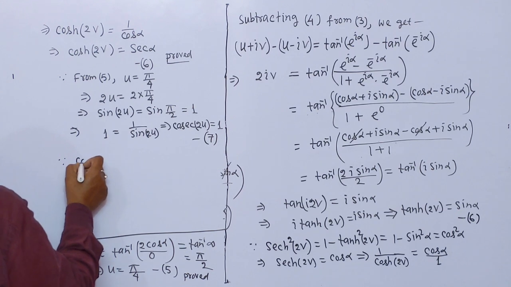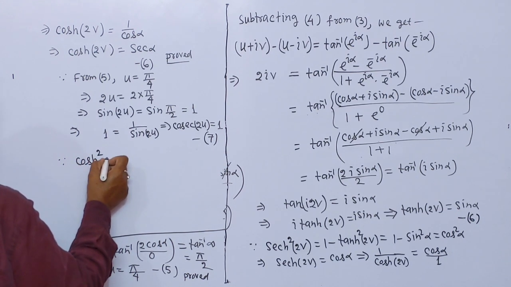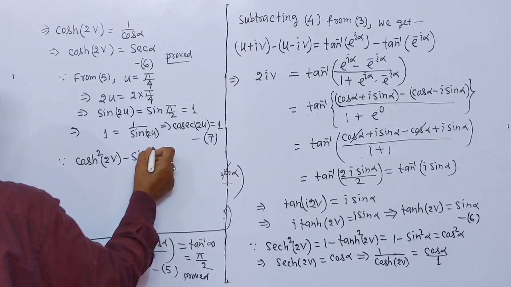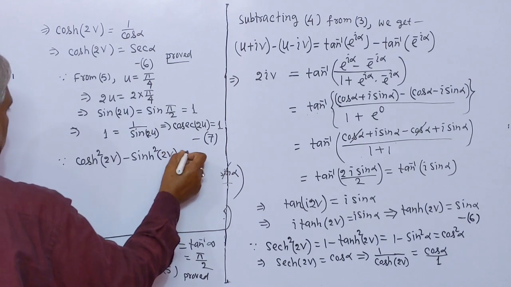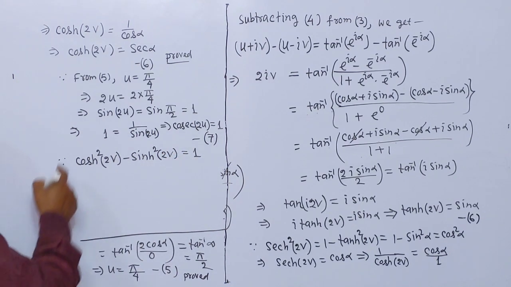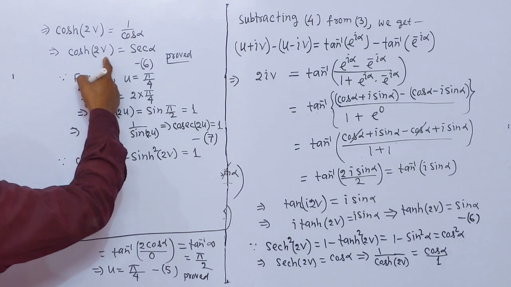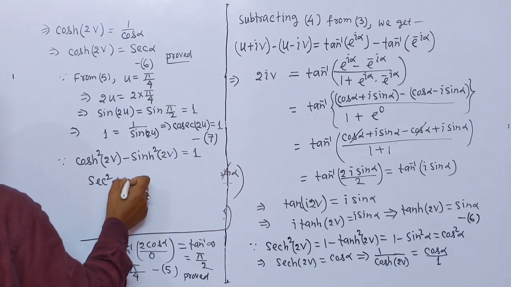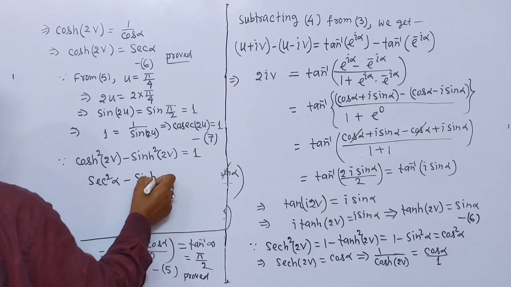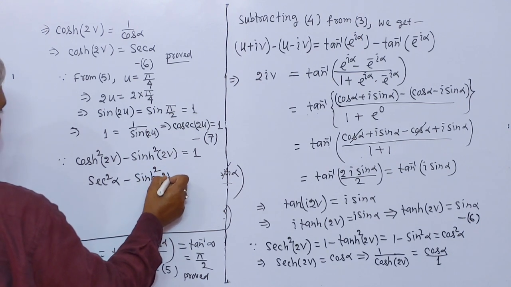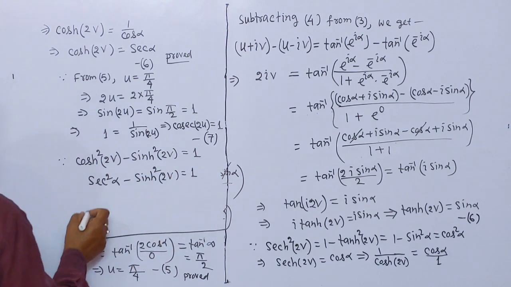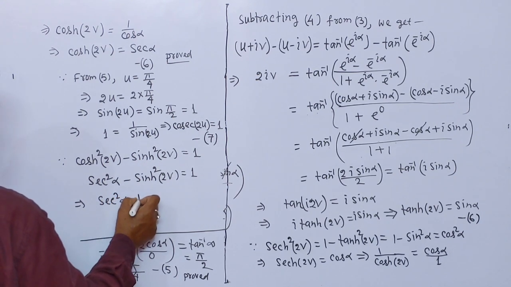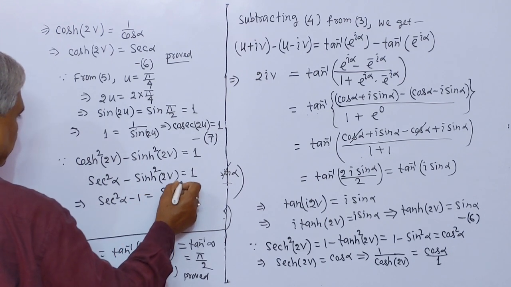Since cos hyperbolic square 2v minus sin hyperbolic square 2v equal to 1, here we have cos hyperbolic 2v equal to sec alpha, so sec square alpha minus sin hyperbolic square 2v equal to 1, implies that sec square alpha minus 1 equal to sin hyperbolic square 2v.